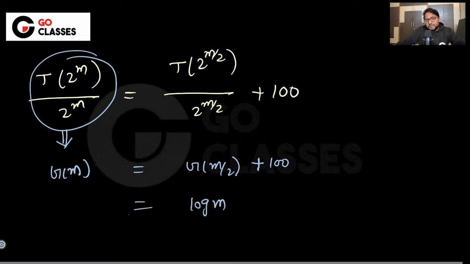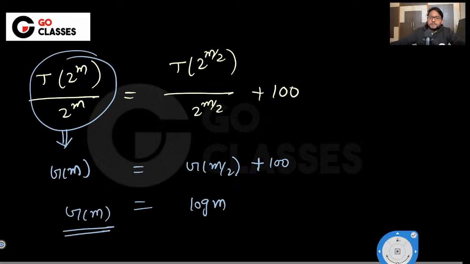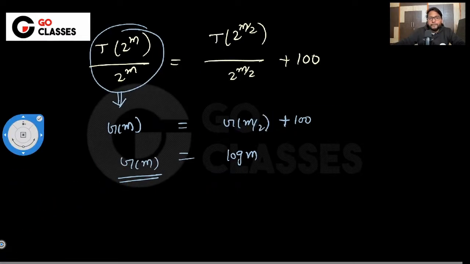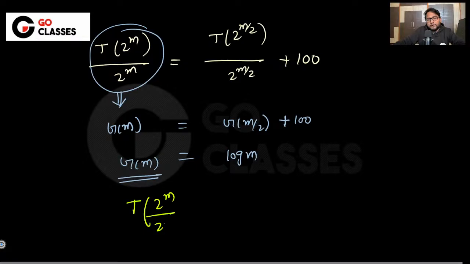So G(m) is log m, which means this whole thing, which is basically T(2^m)/2^m, is log m, right?